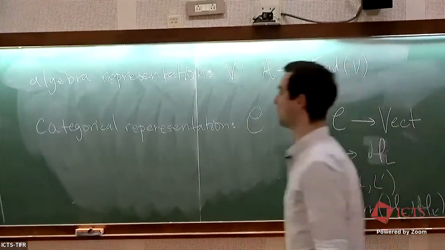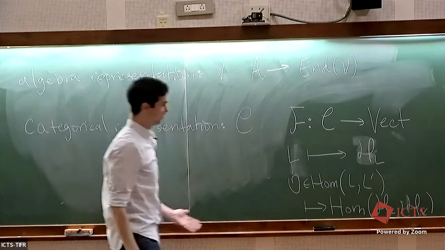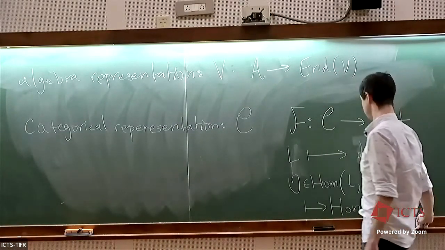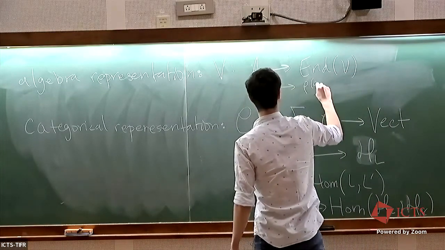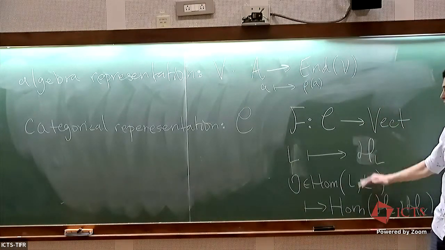And that's exactly what we have here. For every local operator I can insert, I should be able to come up with a linear map from H_L to H_L prime, in entire analogy to what we have here, where we have some element sent to rho of that element. One categorical level above looks something like this.